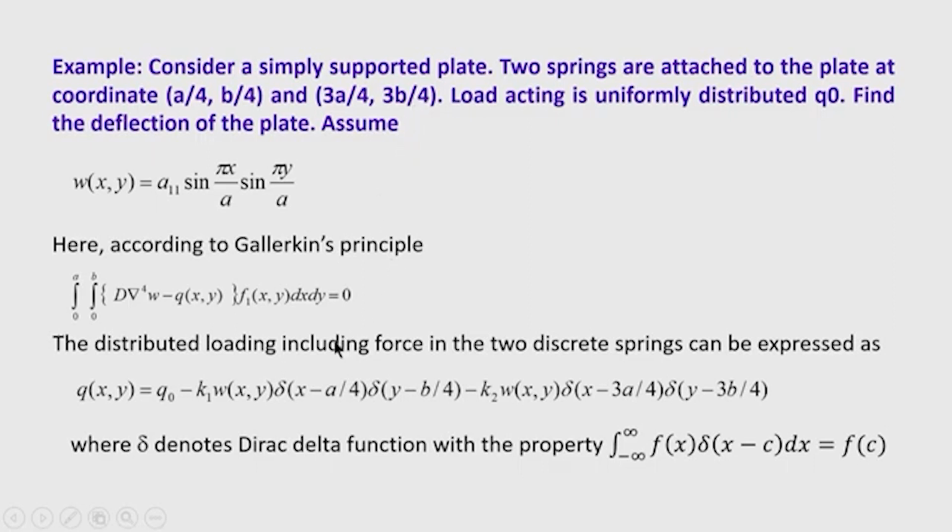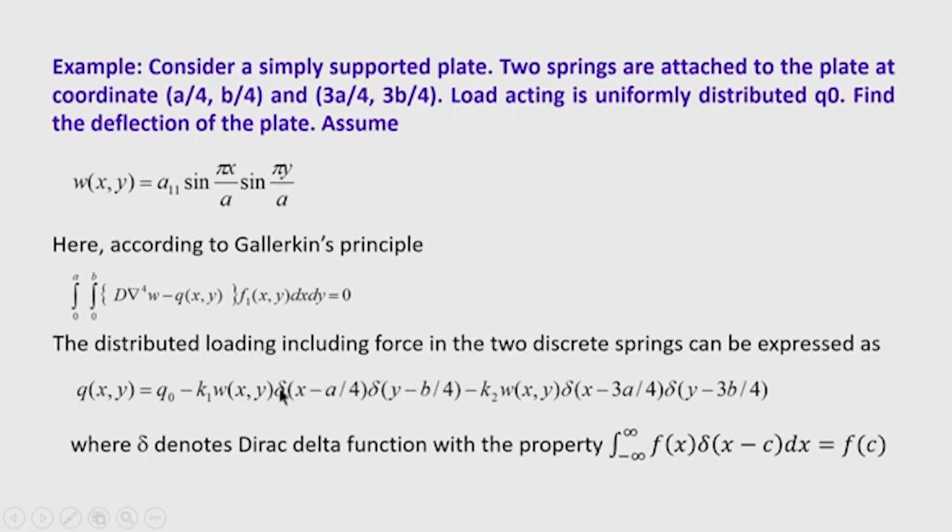So, the resistance offered by the spring at this point a by 4 comma b by 4 will be k 1 into w x y into Dirac delta x minus a by 4 into Dirac delta y minus b by 4.